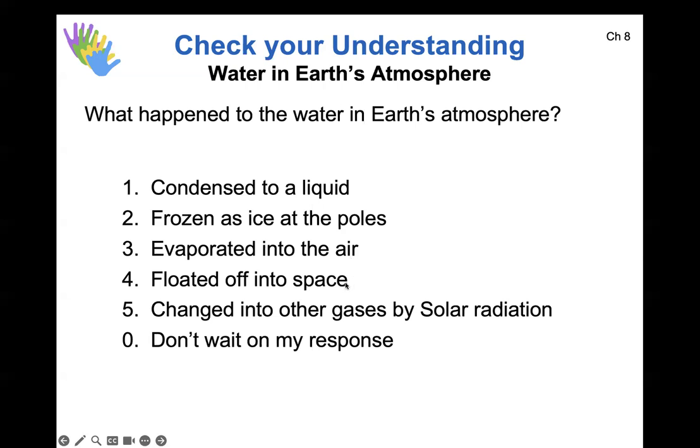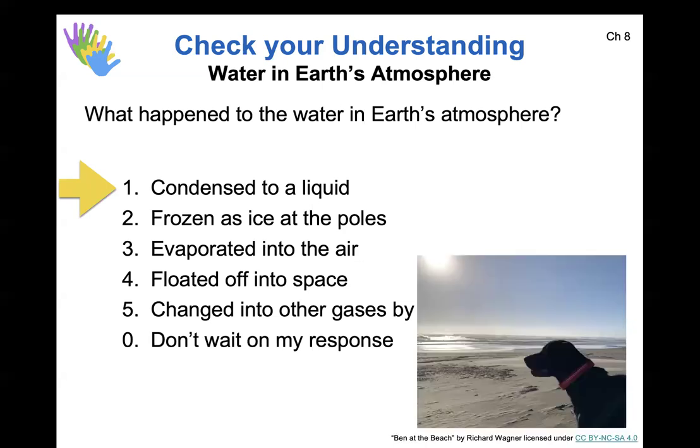Floated off into space, maybe, but unlike the hydrogen and helium, it's kind of heavy. So it turns out it did condense to a liquid, right? The planet cooled and allowed for the condensation. All right. There's the oceans. Okay. So there would have been bodies of water back in that primary, but not nearly as much as today.